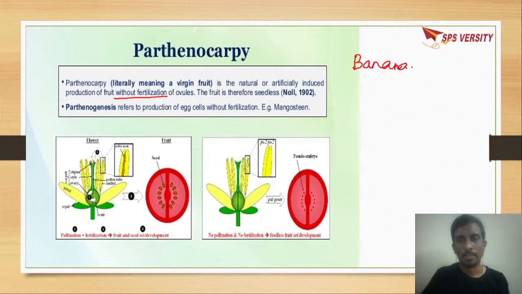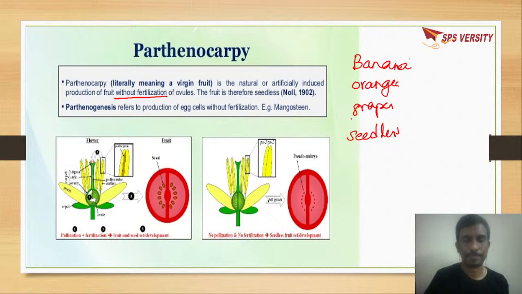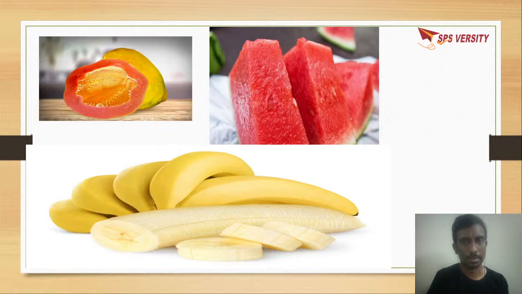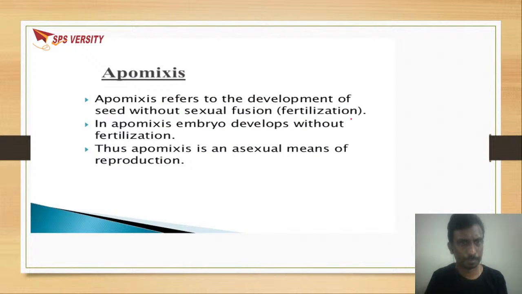The fruits which are formed without fertilization are seedless fruits. They don't have seeds. Nowadays we are getting a lot of seedless fruits like seedless grapes, seedless oranges, even seedless watermelon, which are parthenocarpic fruits.